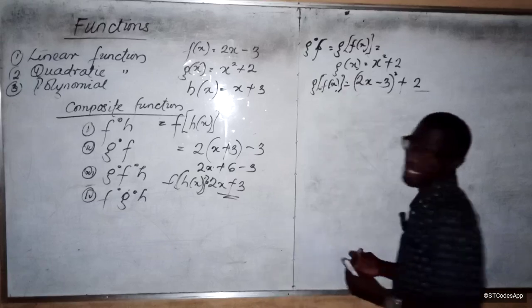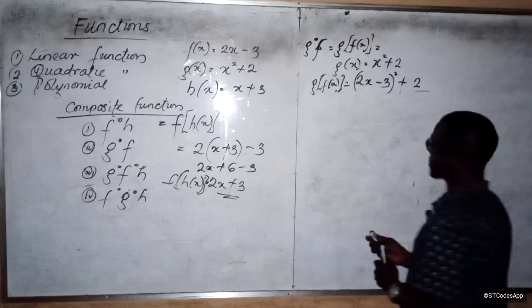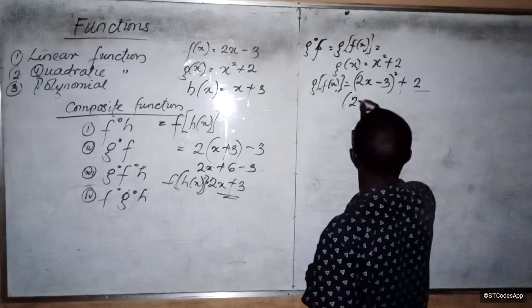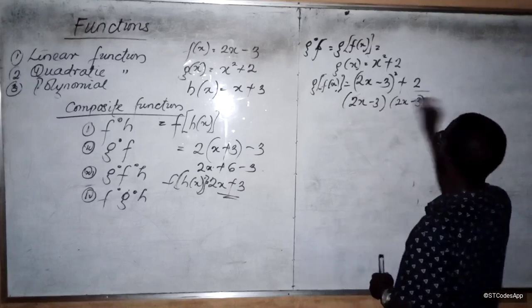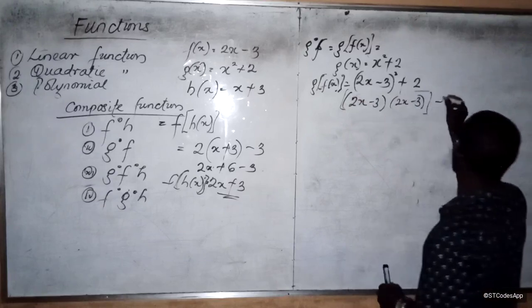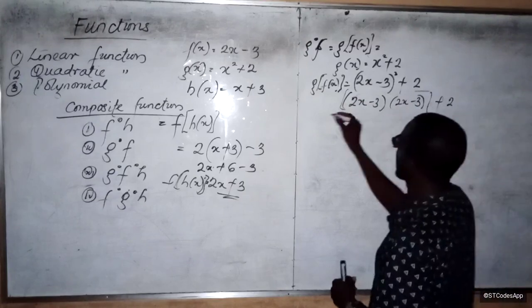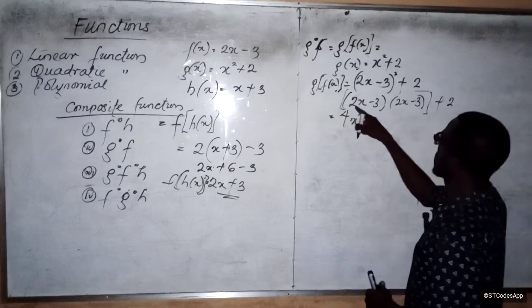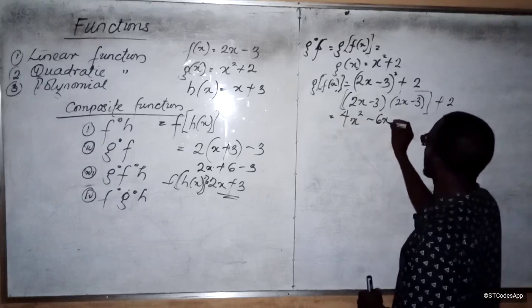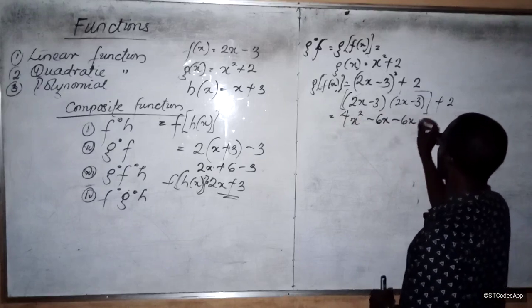Do you understand? All right, so let's square this. We are going to square 2x minus 3, and all of this plus 2. So this by this is going to give us 4x squared, 2x times minus 3 is minus 6x, then minus 6x again.